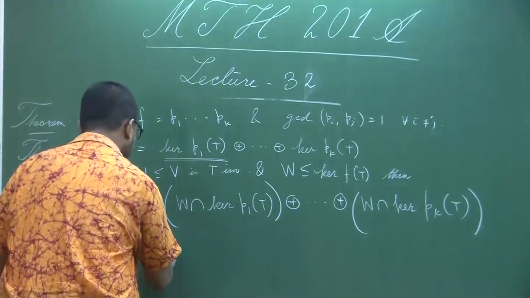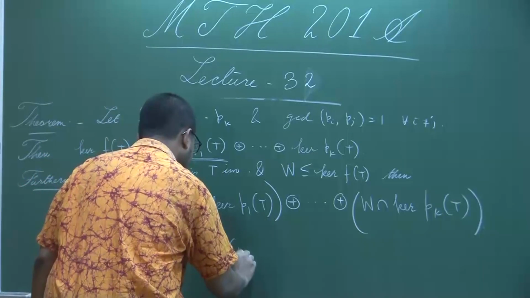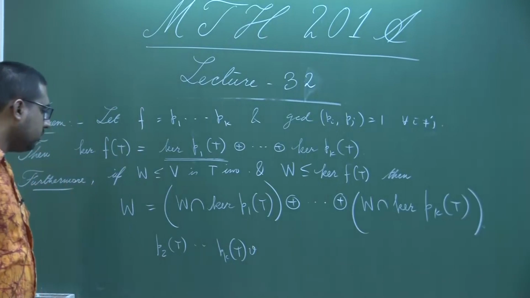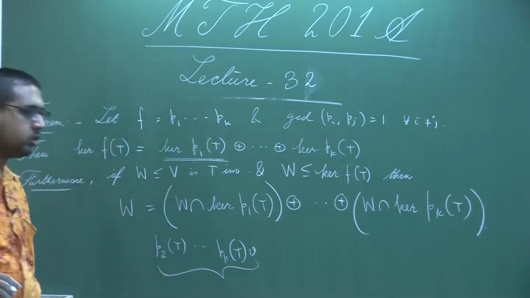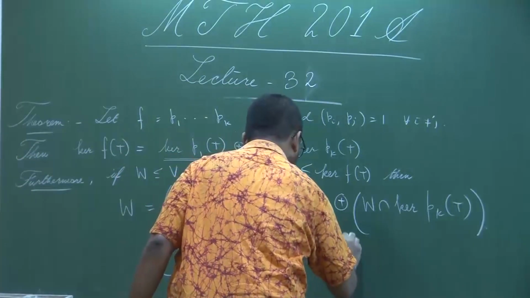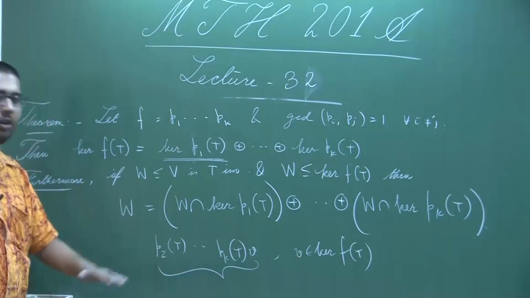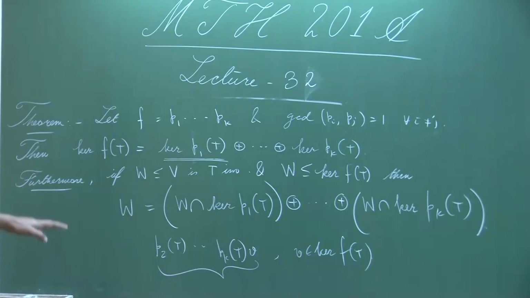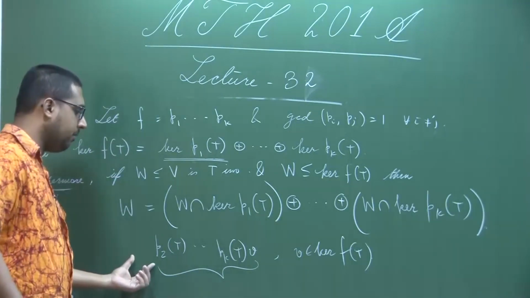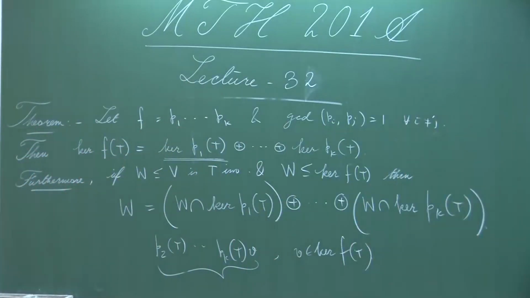If you remember, if the element is of the form, let us say P2(T) plus Pk(T) times V, so such elements are surely, if V lies in the kernel of F, then such elements are surely lying in the kernel of P1(T), because if you are calculating P1(T) on the kernel of F(T), it will be 0.